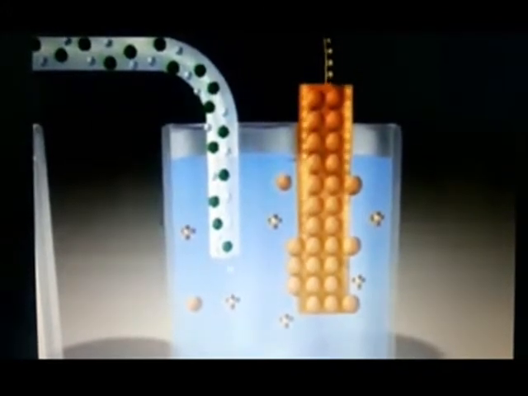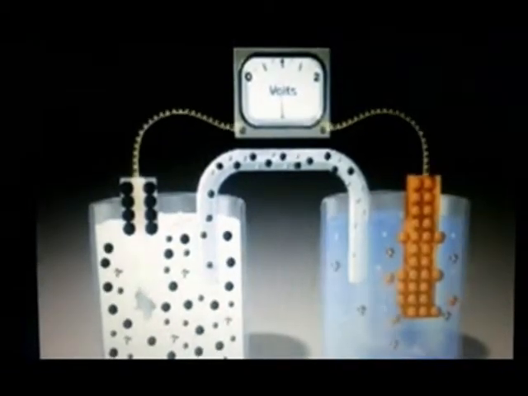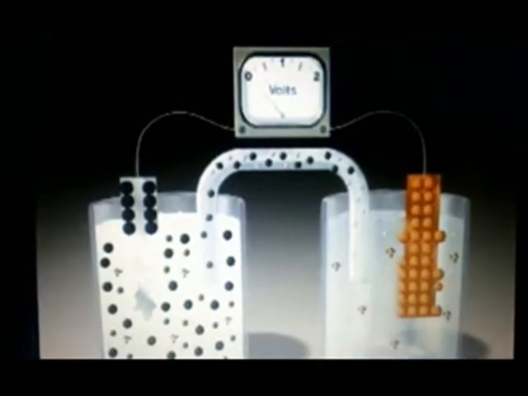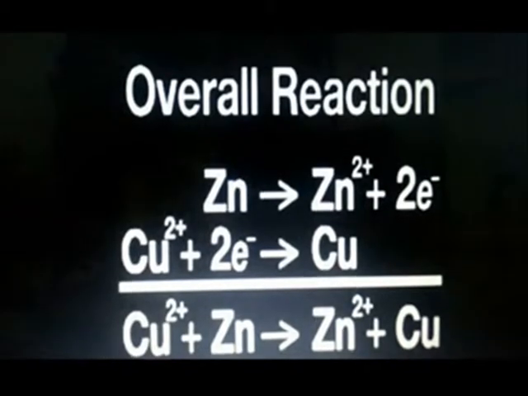As the reaction continues, positive ions move into the copper sulfate solution, and chloride ions move into the zinc sulfate solution. The reaction stops when the zinc bar or copper ions are depleted, and this is the overall reaction.